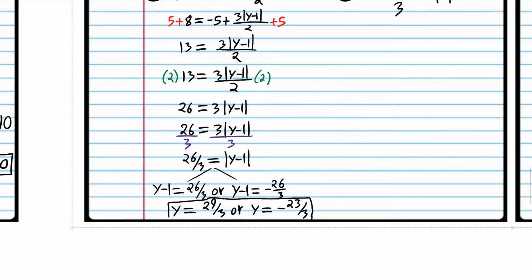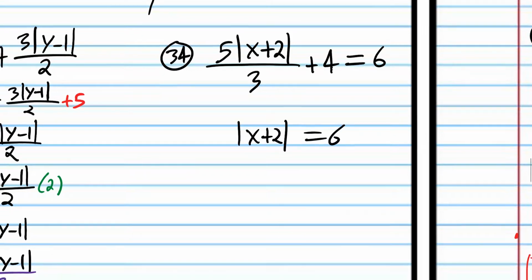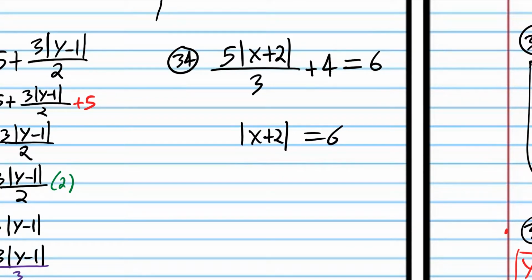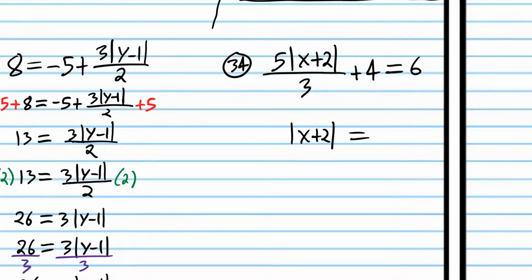All right, we're back. We're going to isolate the absolute value immediately. Well, I'm just going to do it by step. Then divide both sides by 5. And we get 6 over 5.